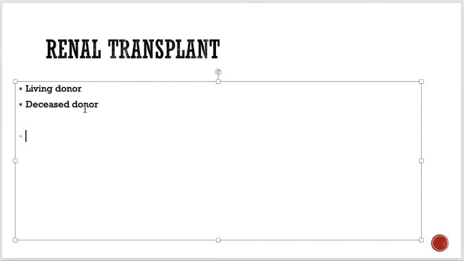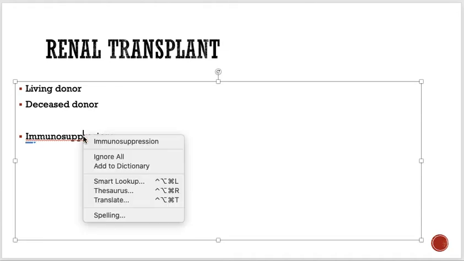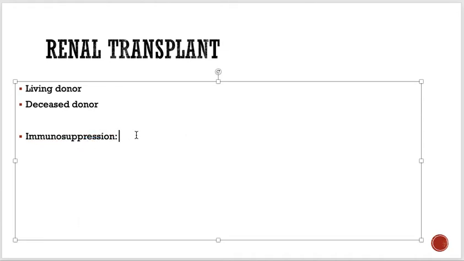Once the transplant surgery is done, they put the patient on immunosuppression. There are many drugs nowadays used for immunosuppression, and that's why there are good results of transplantation. Nowadays they give a combination of drugs.